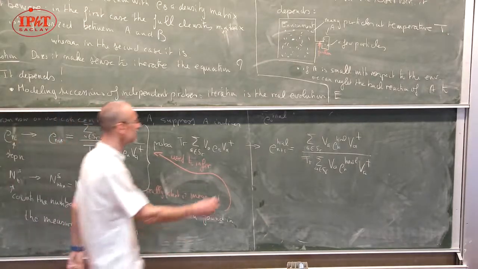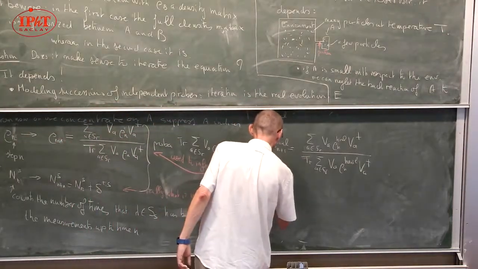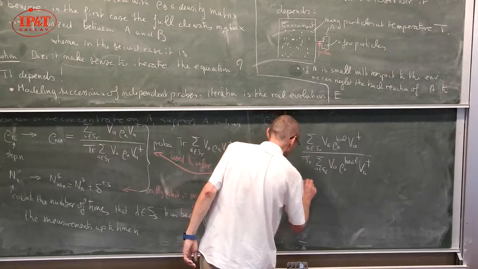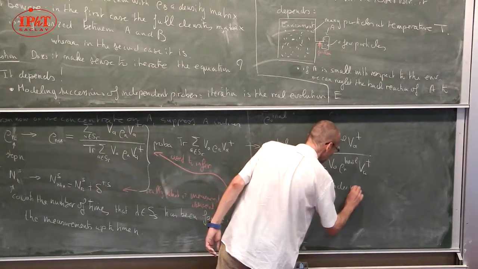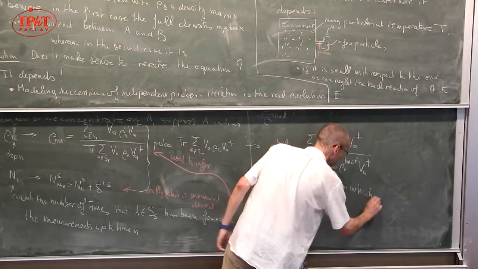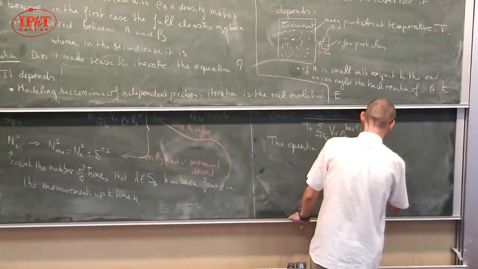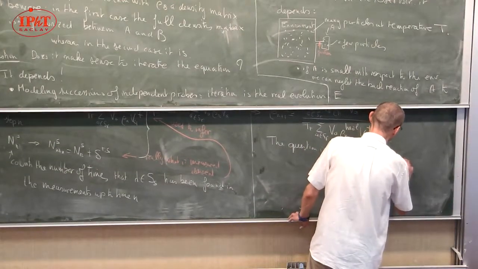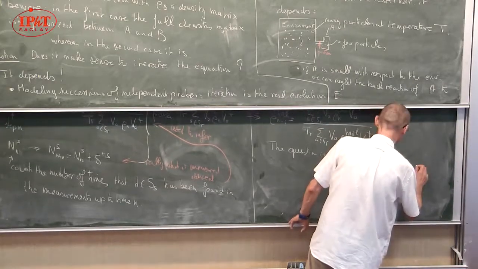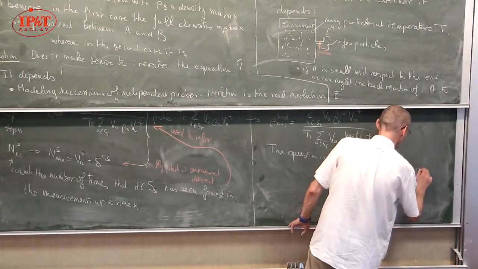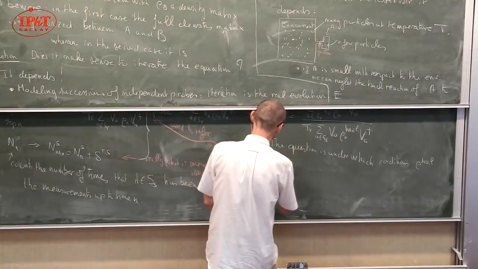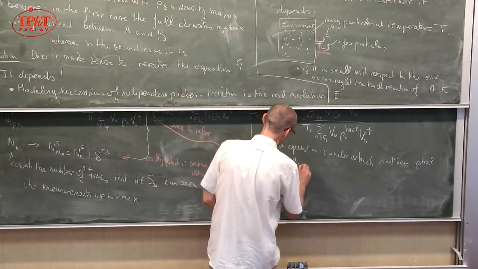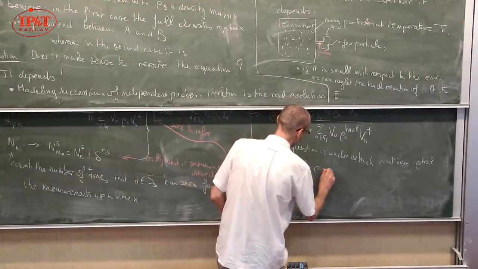And the question is, under which conditions does rho trial come close to rho at large times.